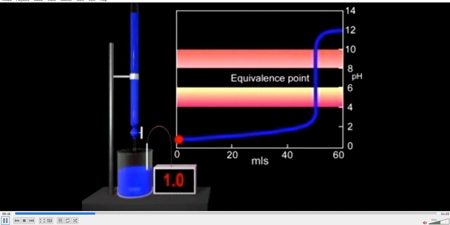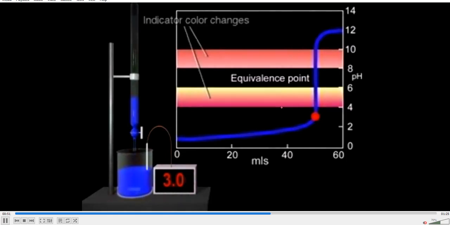Now, the burette has a special knob on there called a stopcock that, when open, allows the base to feed into the acid. Now, let me go ahead and speed up a bit. So now we see the base going into the acid. When we add enough base into the acid where it's been neutralized, we call it the equivalence point.